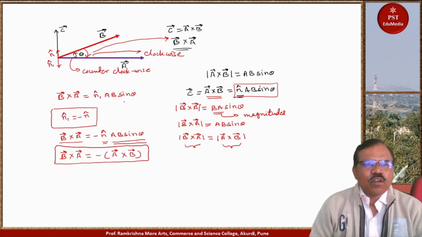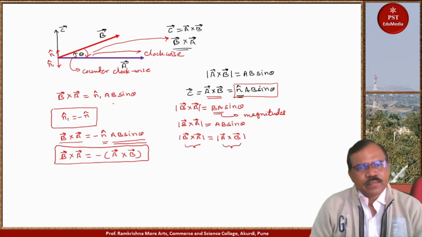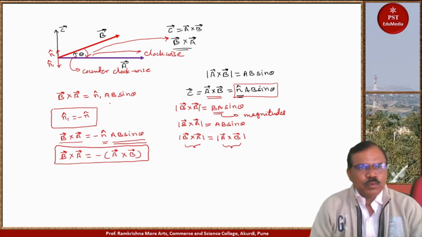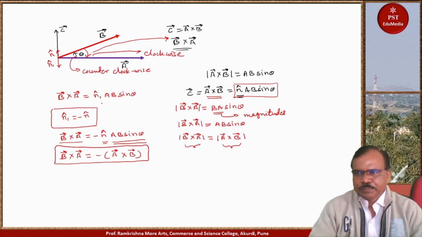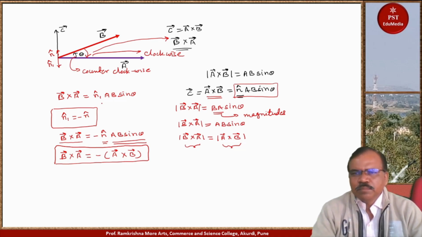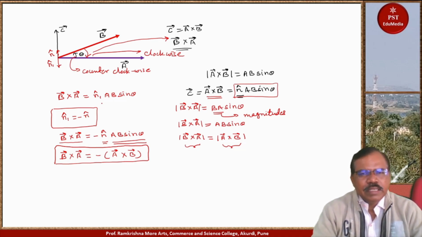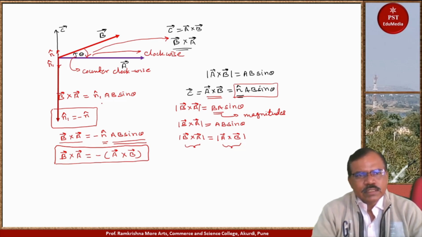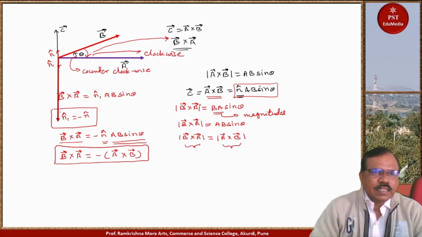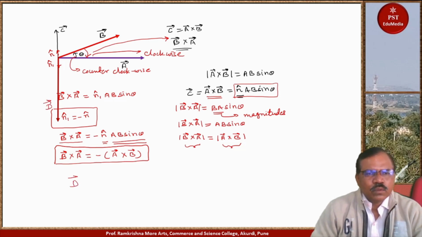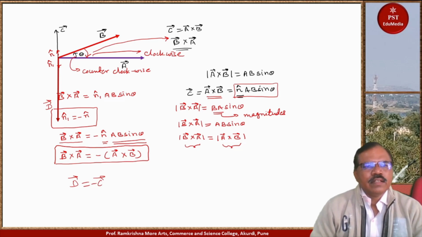So when we go clockwise and when we go counterclockwise, the magnitude will be the same, but the directions are opposite. Now on the basis of this, we'll see some characteristics. So this is the direction of the resultant vector. I will take this as D, and D is equal to minus C. D is B cross A.